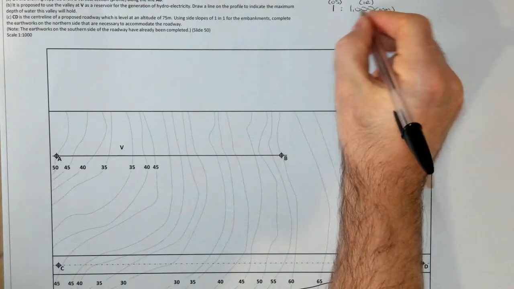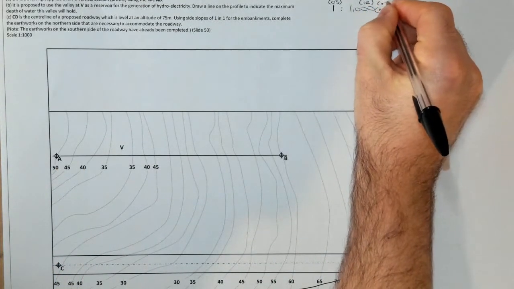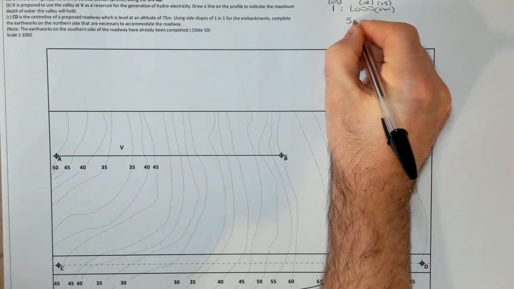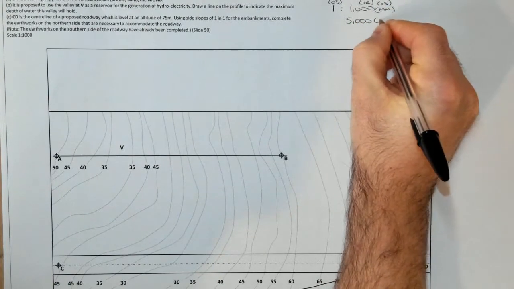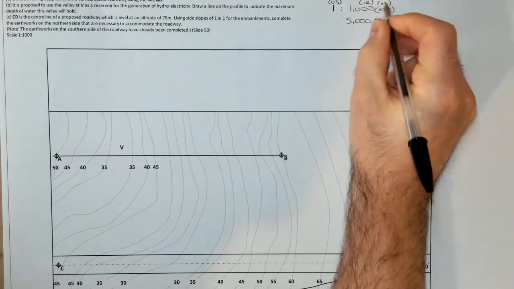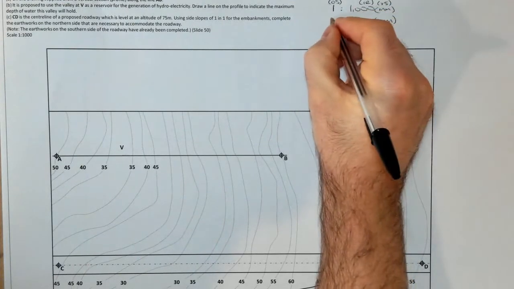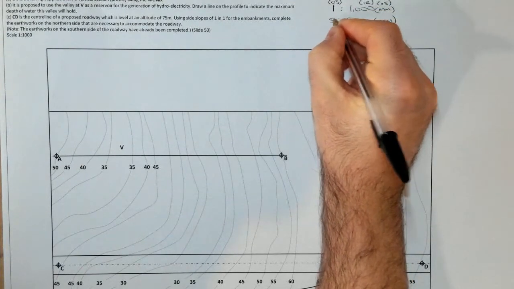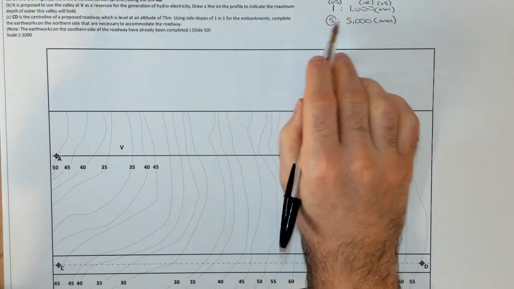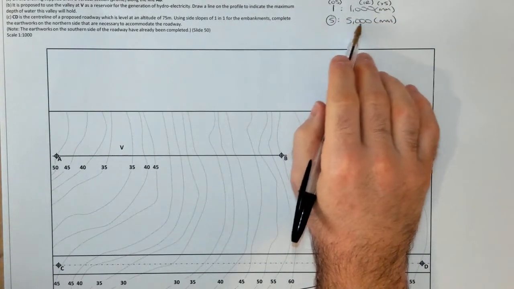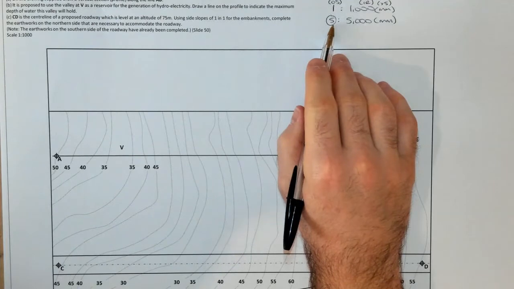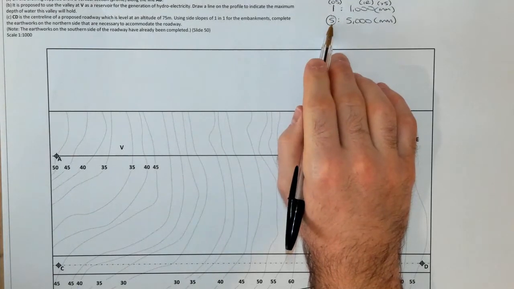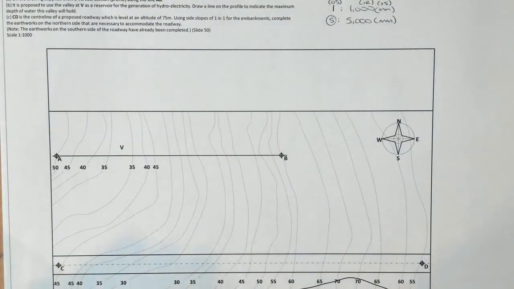So what do I multiply this by? I multiply it by 5. So therefore, 5000 millimetres in reality equates to 2.5 millimetres on my sheet. That's the scale we're going to work with there.